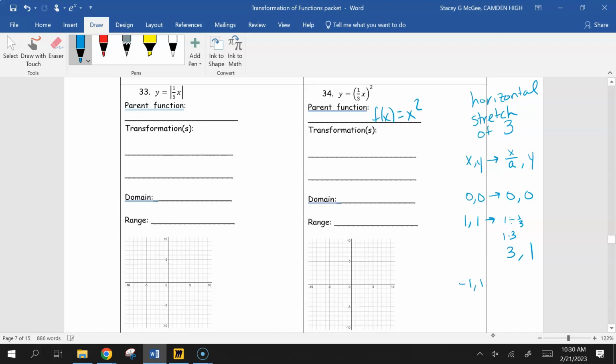And again, with negative 1, 1, it's going to become negative 3, 1. I took the x and divided by the a. But if I do 1 divided by 1/3, that's the same thing as multiplying by the reciprocal.